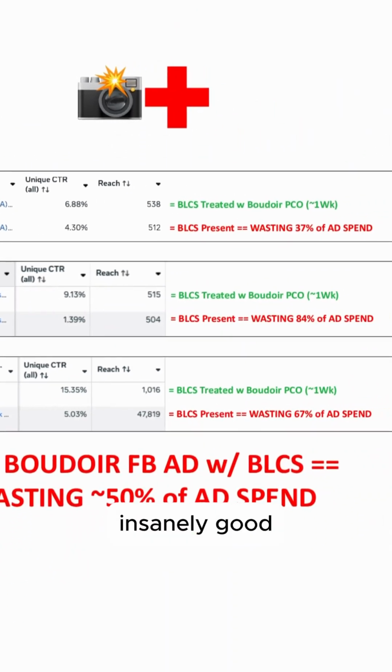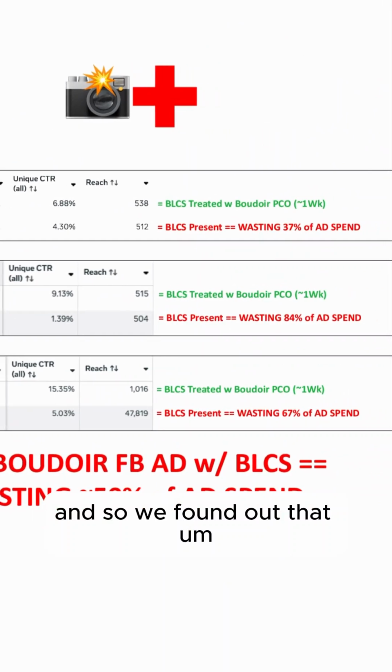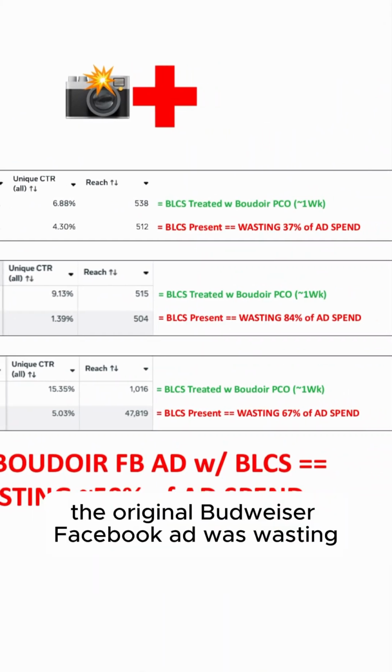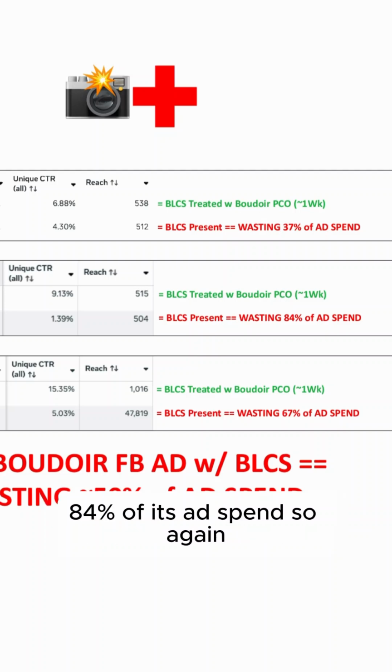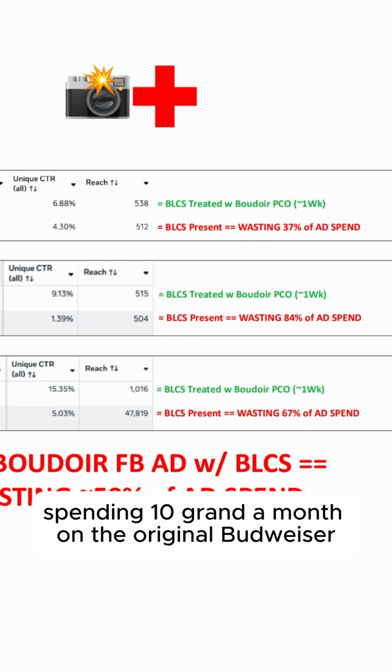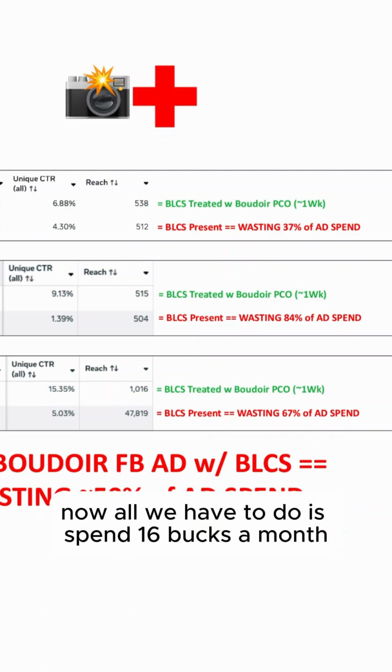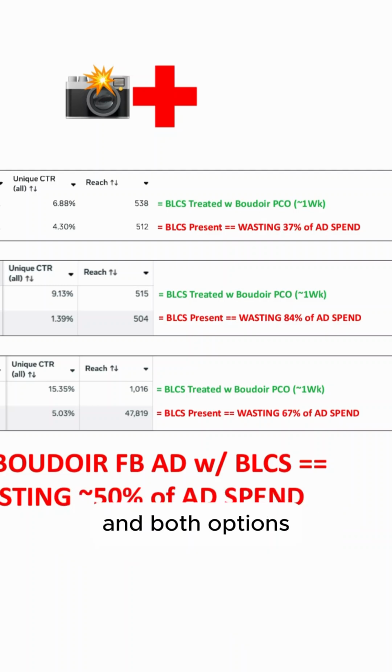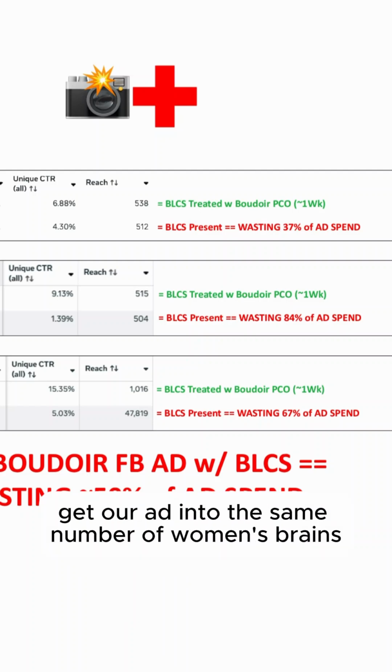Insanely good. And we found out that the original Boudoir Facebook ad was wasting 84% of its ad spend. So again, if they're spending 10 grand a month on the original Boudoir Facebook ad, now all we have to do is spend 1,600 bucks a month on the Boudoir Pico treated ad, and both options get our ad into the same number of women's brains.